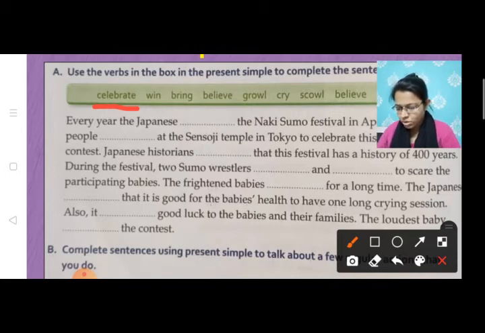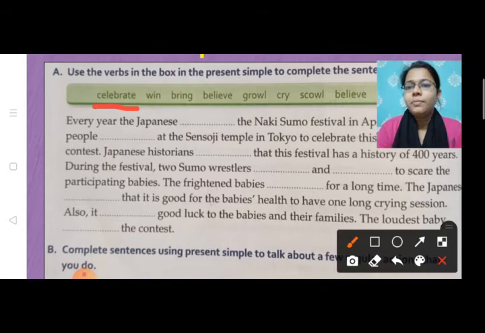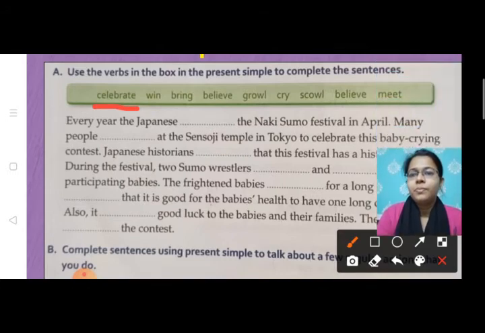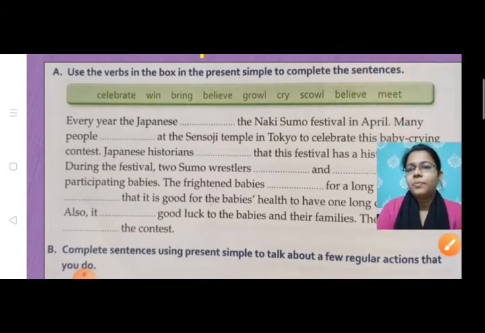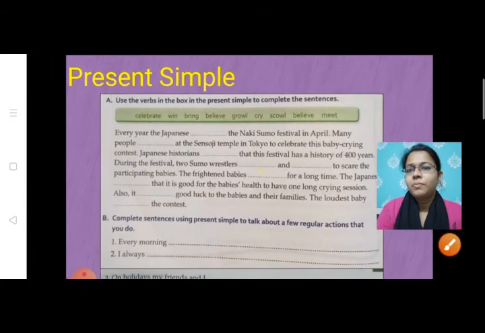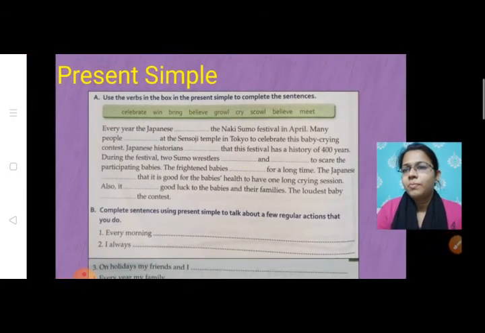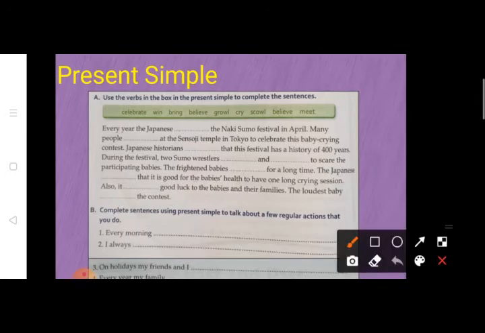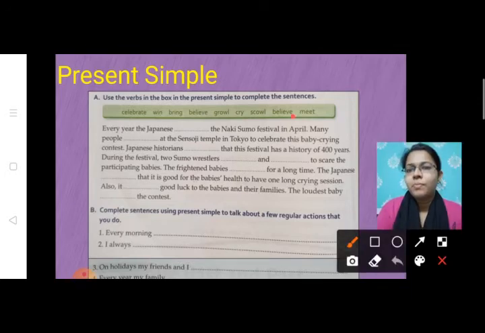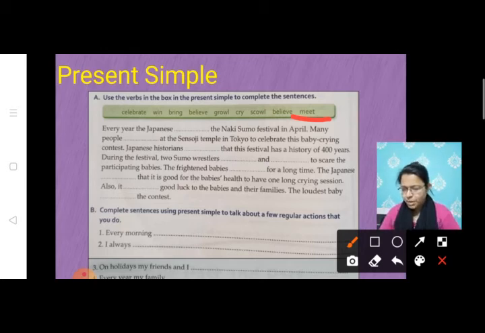So students, over here we will be writing meet. Many people meet at the Sensoji temple in Tokyo to celebrate this baby crying contest.